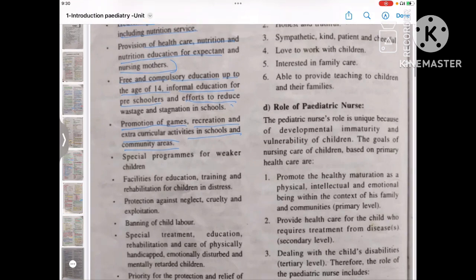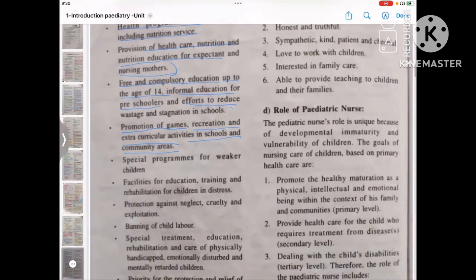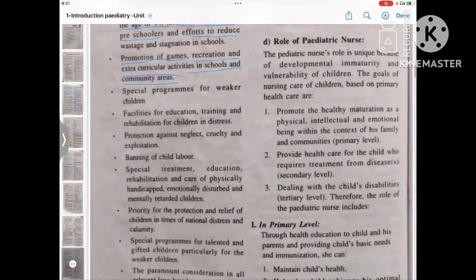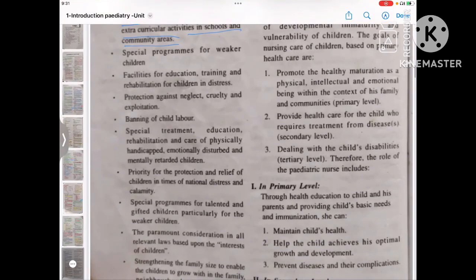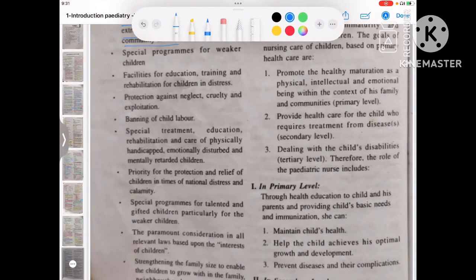This is another principle. And the next principle is special programs for the weaker children. The weaker children may be handicapped or weak in some other way, so they will provide a special program for them.